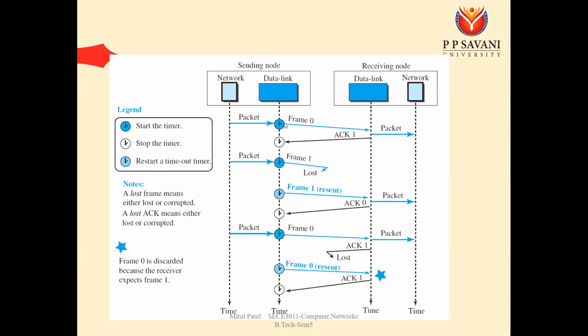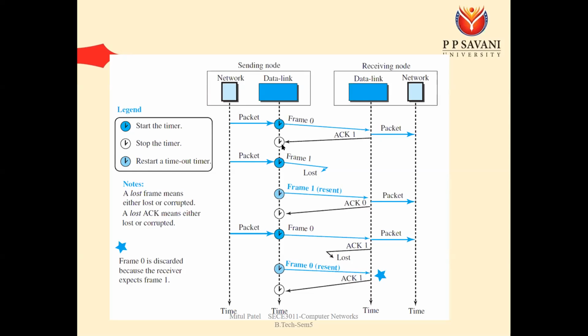What is the meaning of bidirectional communication? Here we send frame 0 and then acknowledgement 1 comes back, so this single frame consists of two things. Suppose the receiver also wants to send something to the sender, at that time along with the acknowledgement frame we also send the data. So it can be acknowledgement 1 plus frame 0, that is the data from receiver to the sender.